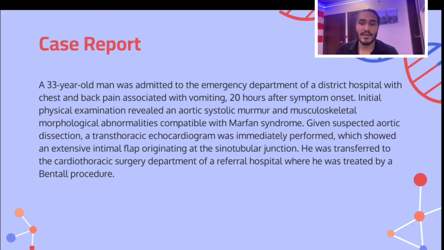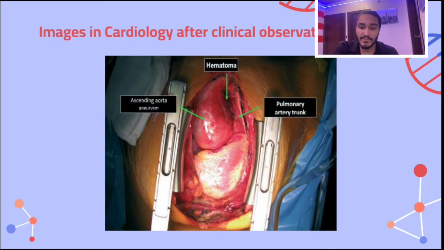He was transferred to the cardiothoracic surgery department of a referral hospital, where he was treated with a Bentall procedure. Now, a brief review follows on the diagnosis and treatment of ascending aortic dissection and its specific nature in Marfan syndrome. Next picture is super interesting.